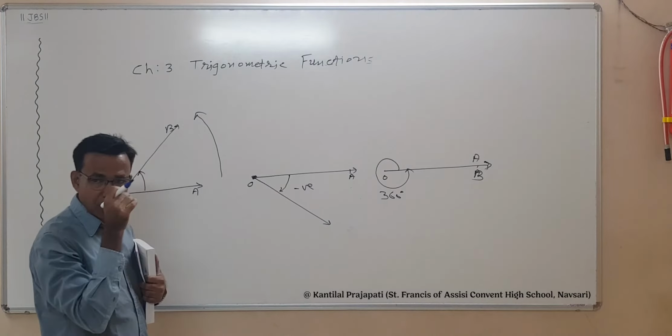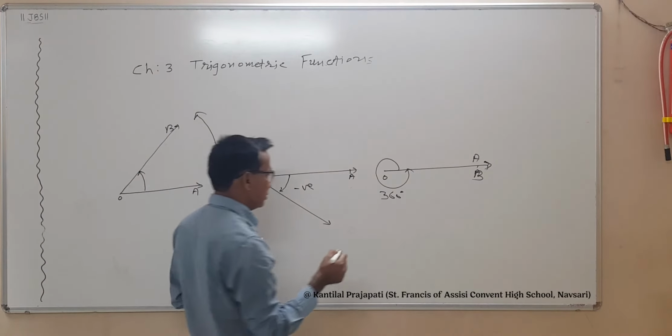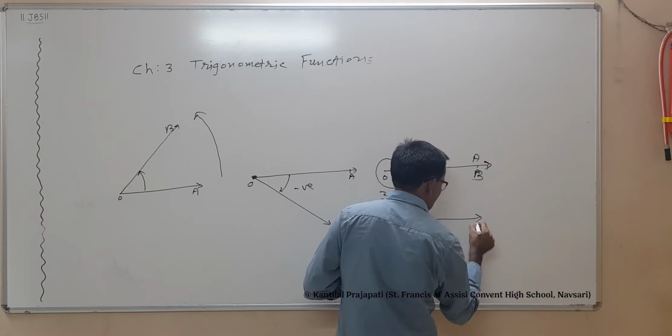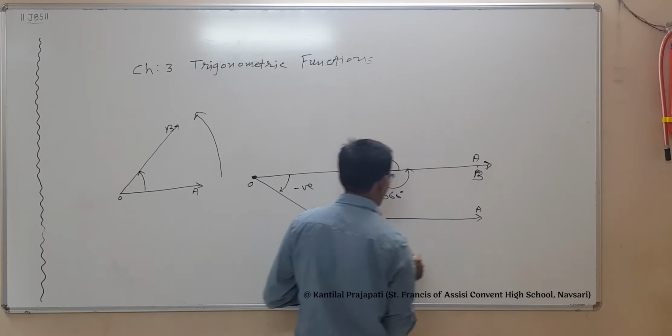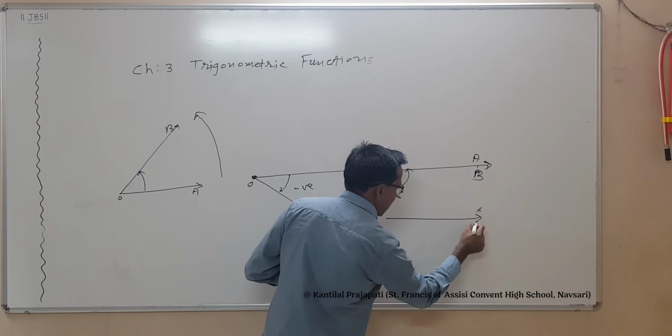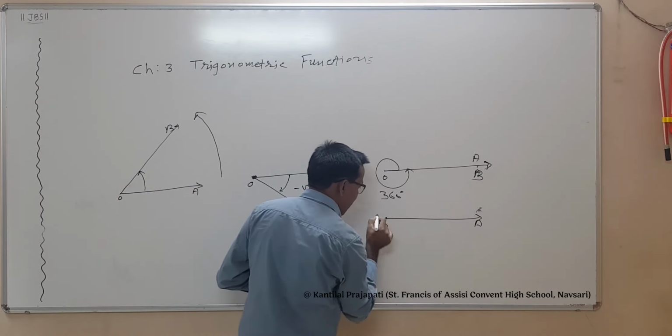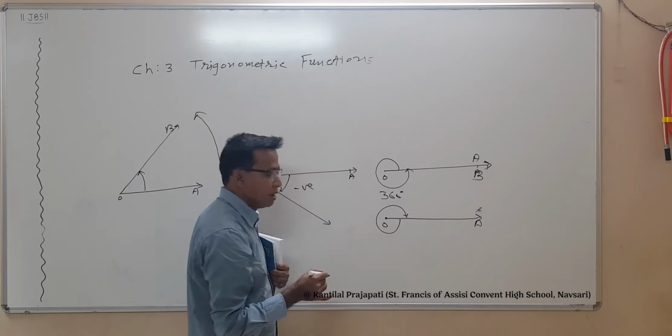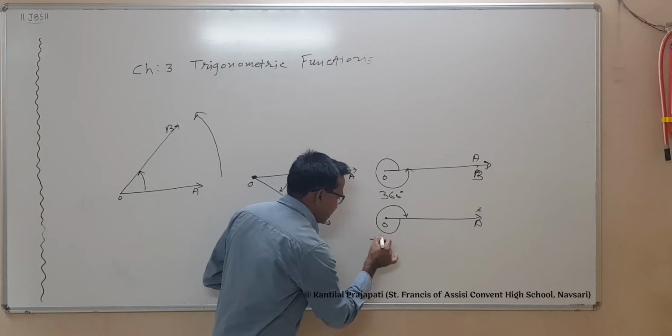Similarly, if you rotate ray OA in a clockwise direction, this way, one complete revolution, then this will be called minus 360 degree.